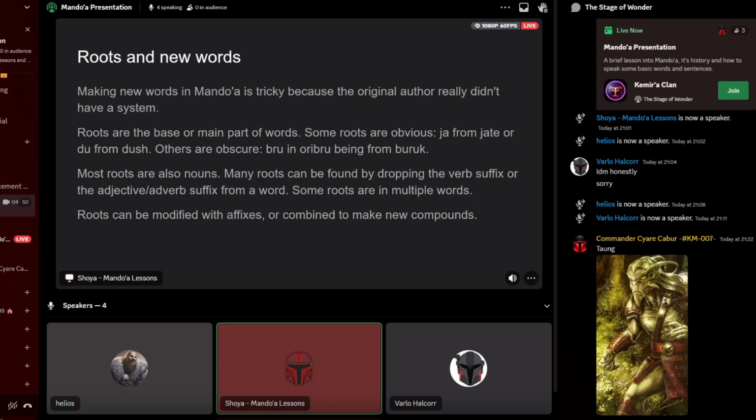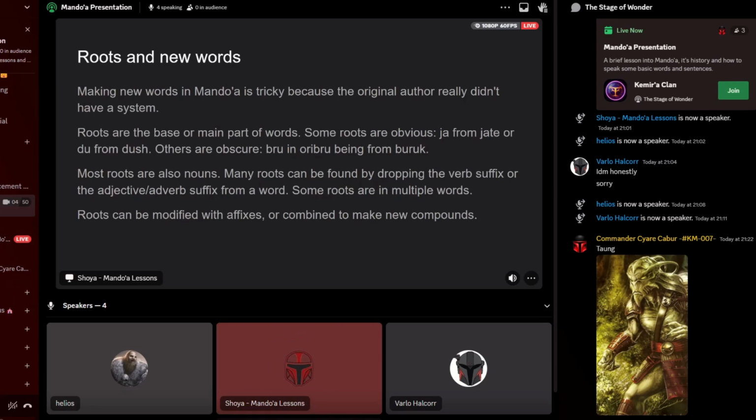So, words. In Mando'a, words come from roots and affixes. Making a new word in Mando'a is tricky because the author didn't really have a system for making new words. She made a lot of really intricate etymologies that she has absolutely no documentation on, that you basically just have to learn the language to be able to figure out.